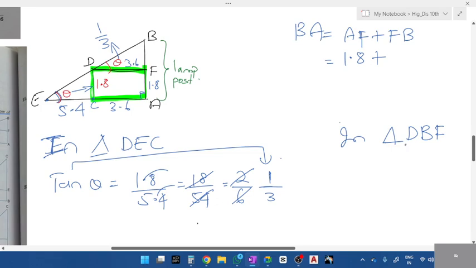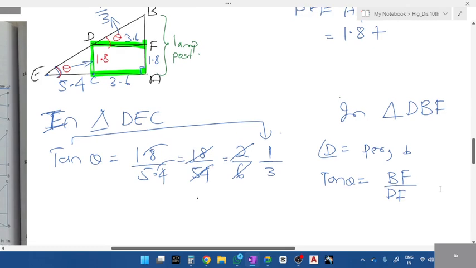So in DBF, look at angle D, students. From angle D, what is BF? Is it opposite or hypotenuse? Perpendicular. Opposite side is perpendicular. What is DF? Value is given, 3.6. So which formula? Tan theta is equal to BF by DF.